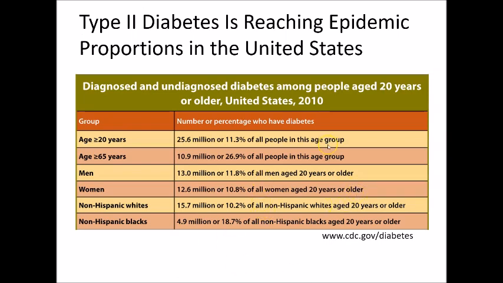This is just some older data. At this point, when I'm making this, it's 10 years old. But if you look at the number of people in the U.S. with diabetes, it's somewhere in the neighborhood of 25 million 10 years ago. It's now probably 35 million and increasing every day.